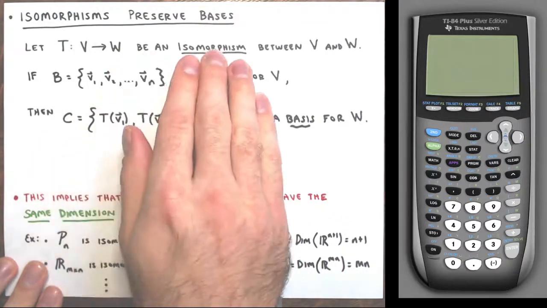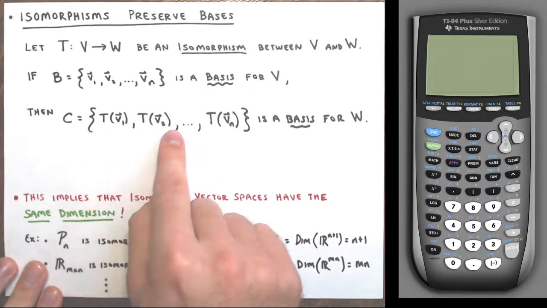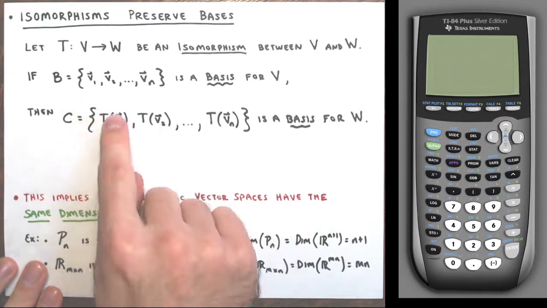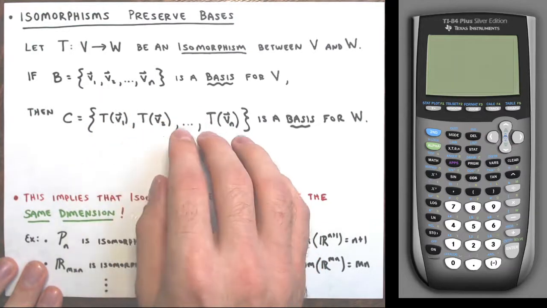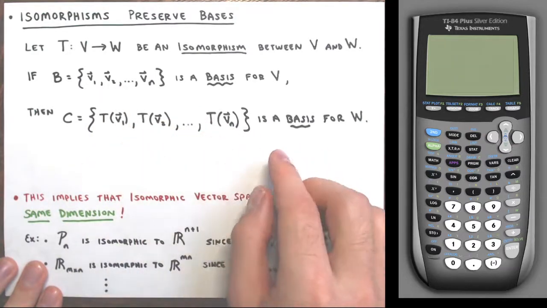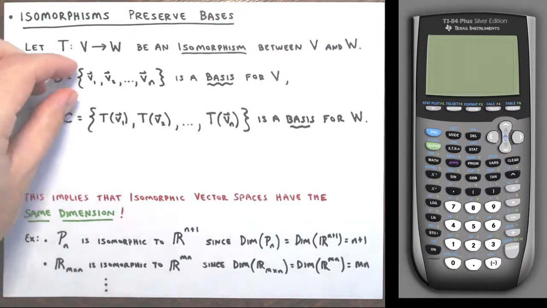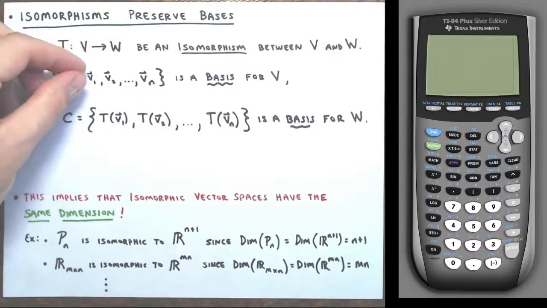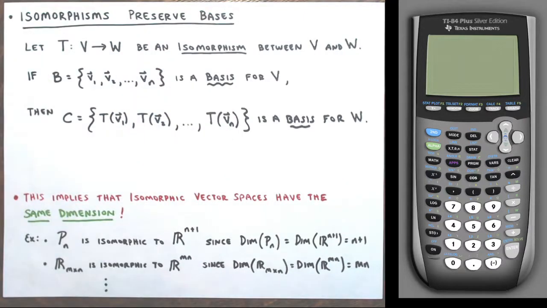If it's truly an isomorphism, if it is linear and invertible, this resulting set, T of V1, T of V2, through T of Vn, will be a basis for the codomain. So that's what I meant earlier by saying that isomorphic spaces have similar structures. A basis for the domain will correspond to a basis for the codomain.